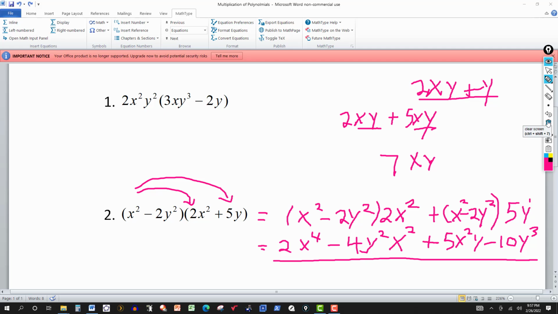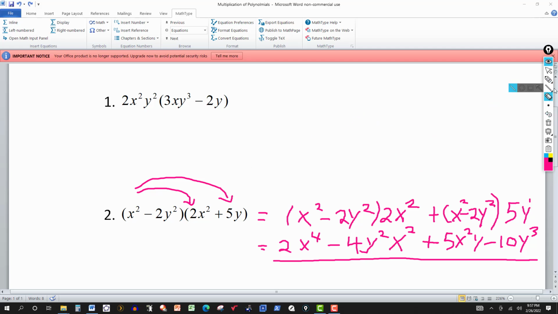Double check your answers. Now, another way we could do this is this kind of thing. We could also do it this way, especially when you have two binomials. x squared minus 2y squared and 2x squared.